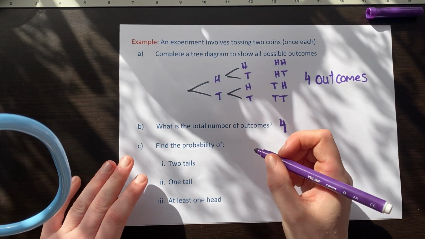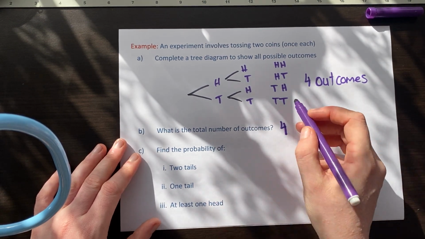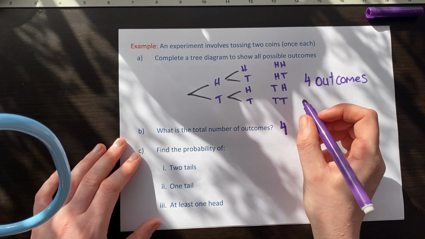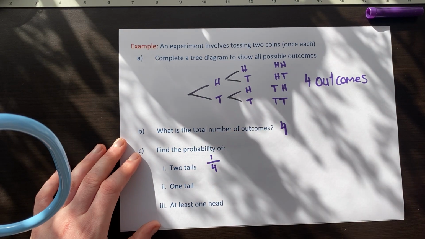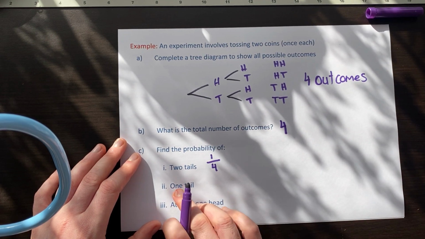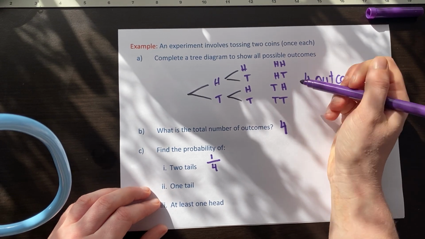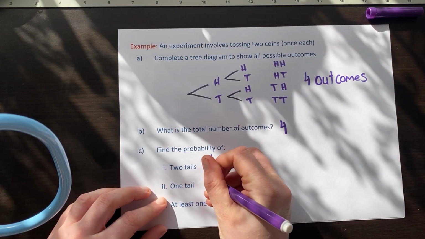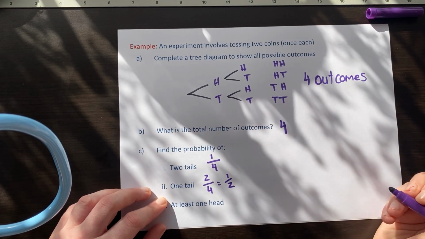Find the probability of getting 2 tails. There's only one of our 4 outcomes, so it's going to be 1 on top, and because there's 4 outcomes, a 4 down the bottom. Find the probability of getting 1 tail. If you look at our outcomes, we've got 2 outcomes that have 1 tail, so that becomes 2 over 4, which can be simplified to a half.